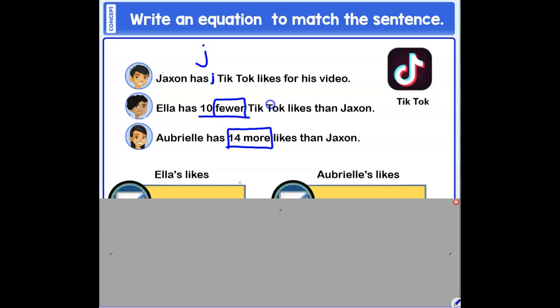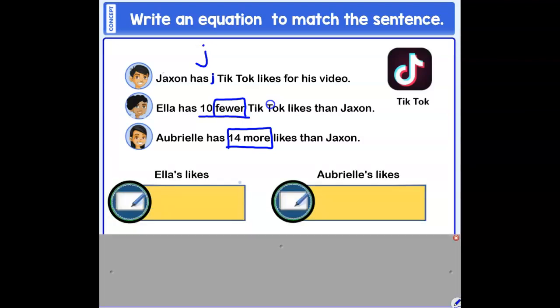So now, we have to think about, again, making that mental image. Who's going to have the biggest number? Who's going to have the smallest number? How would we write Ella's likes compared to Jackson's? If Ella has 10 fewer likes than Jackson's, write it on your board.